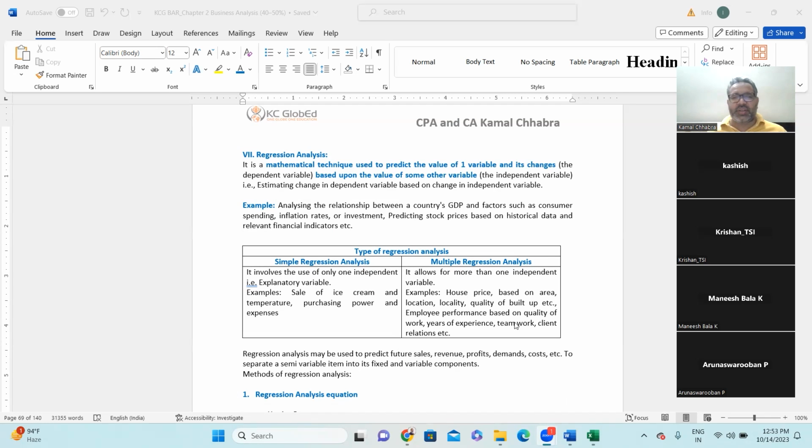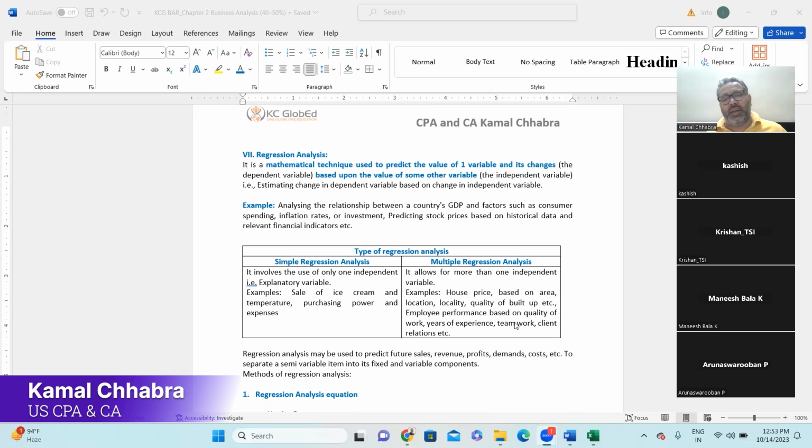Whatever the source of energy, whether electricity, petrol or diesel, the sale of the car is dependent on the source of energy. So the relation between these two is called regression analysis. Make sense? Yes. So estimating the change in the dependent variable based on the change in the independent variable is called regression analysis.